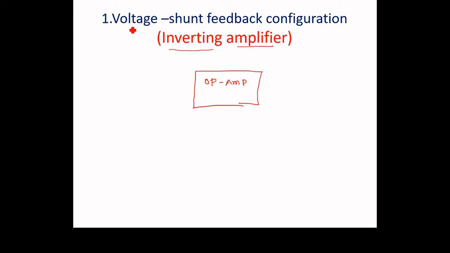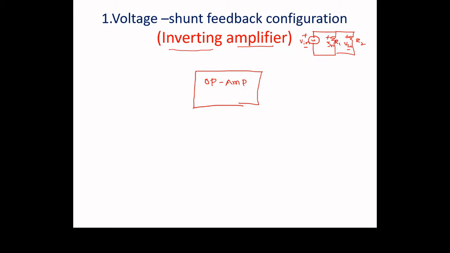In parallel only the voltages will be the same; in series, the current will be the same. Whenever we connect two elements in parallel, like two resistances R1 and R2, the voltage across R1 is V in and across R2 is also V in.